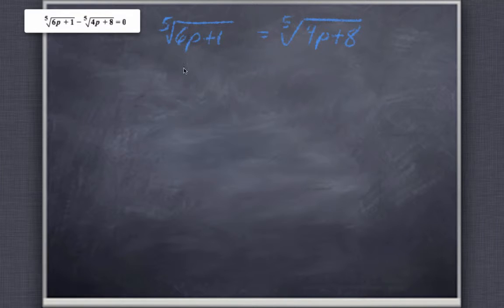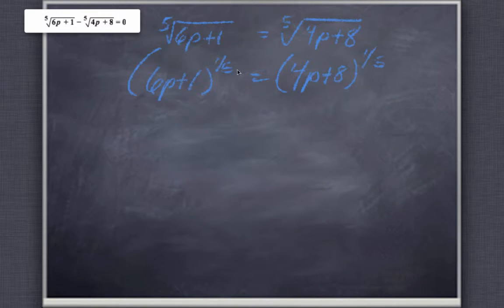But to properly go through the process, this is 6p plus 1 to the 1/5 power. If there were a power here, that would be the numerator. The denominator is always the one in the radical. If there's nothing there, it's 2. So 4p plus 8 to the 1/5.